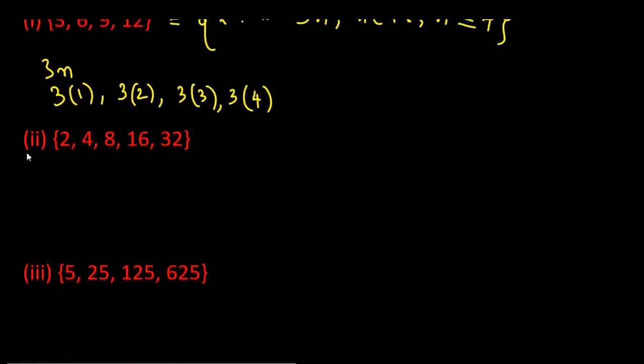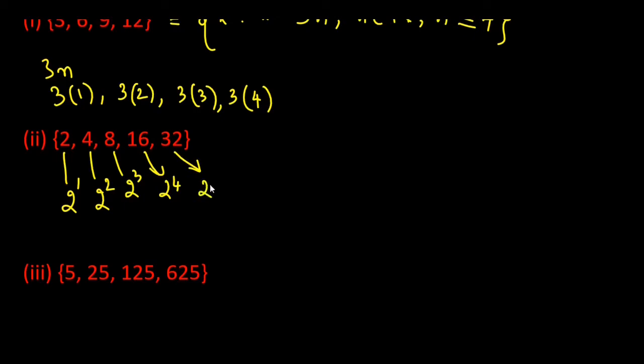Second one, the set of 2, 4, 8, 16, 32. Now looking at the numbers, we understand that they are powers of 2. This is 2 power 1. 4 is 2 power 2. 8 means 2 power 3. 16, 2 power 4. 32, 2 power 5.